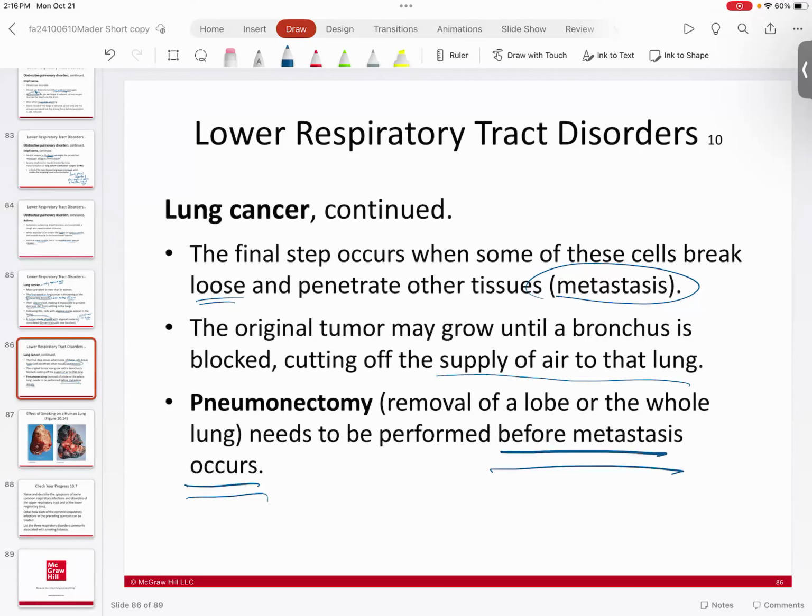Because if the tumor is allowed to go to the point where it's starting to break off and spread throughout the body, at that particular point, that's usually what we refer to as stage 4. That is usually the point at which you are advised to start making arrangements, start crossing those final things off of your bucket list, start saying your final goodbyes to your family and to the people you love, because there's only one outcome for this one.